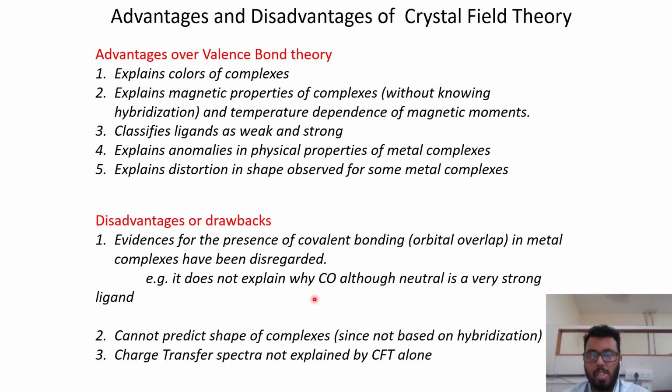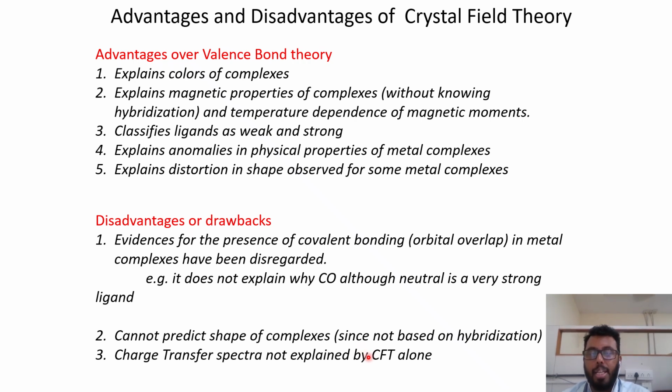The disadvantages or drawbacks: the evidence for the presence of covalent bonding is not well explained by the crystal field theory. So it does not say anything about hybridization or orbital overlap in metal complexes. The CFT has completely disregarded the hybridization part. It does not explain why carbonyl, CO, although neutral, is a very strong ligand. There is no explanation for this.